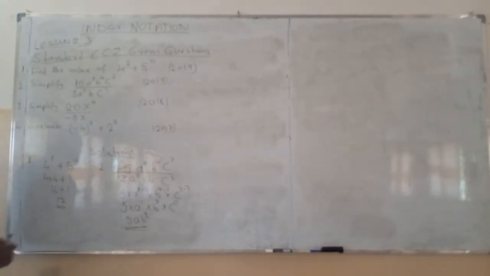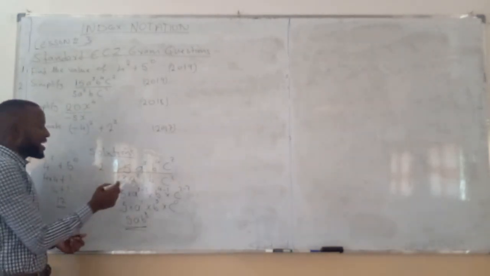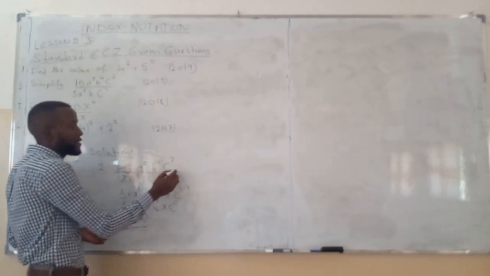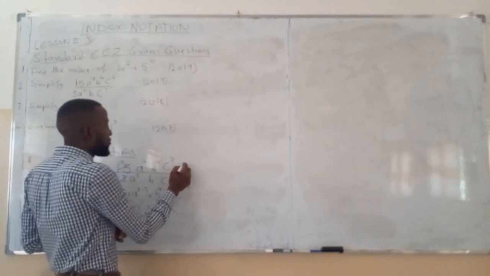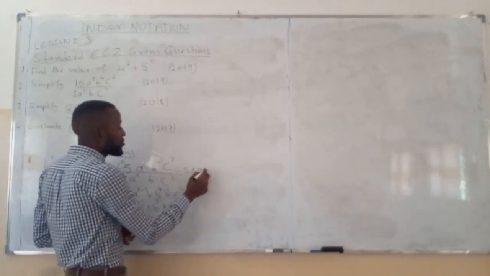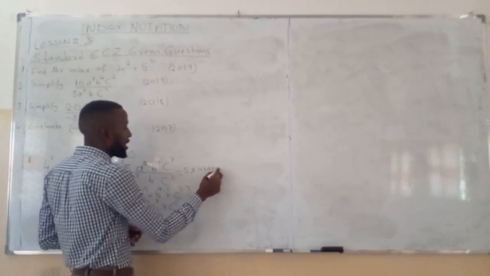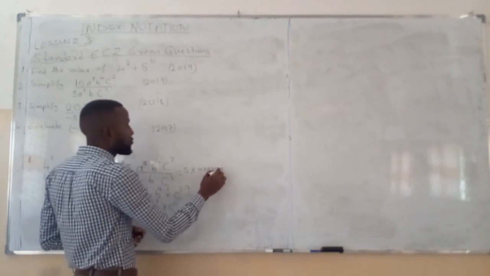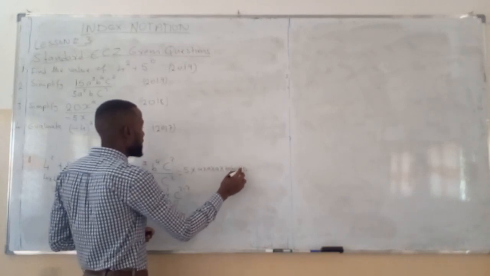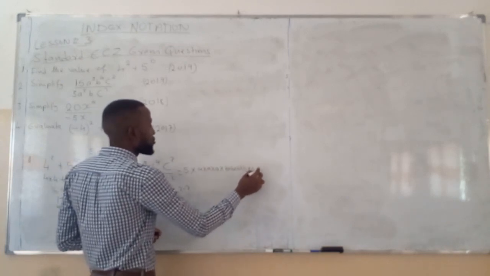Have you seen? Or if you want, you can do the division. Here there are 3 a's, and here there are 2 a's. Expand this by simply saying 5 multiplied by a times a times a times b times b times b times b times c times c.